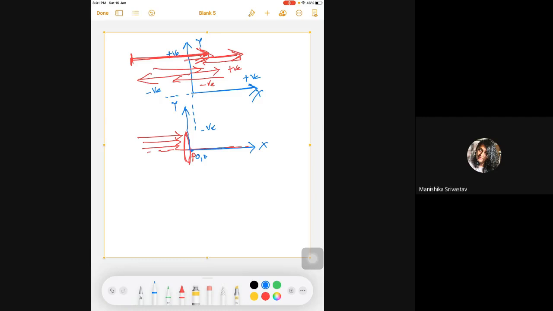Now if we have to measure, this is the source of my light, let's say this point is the source.